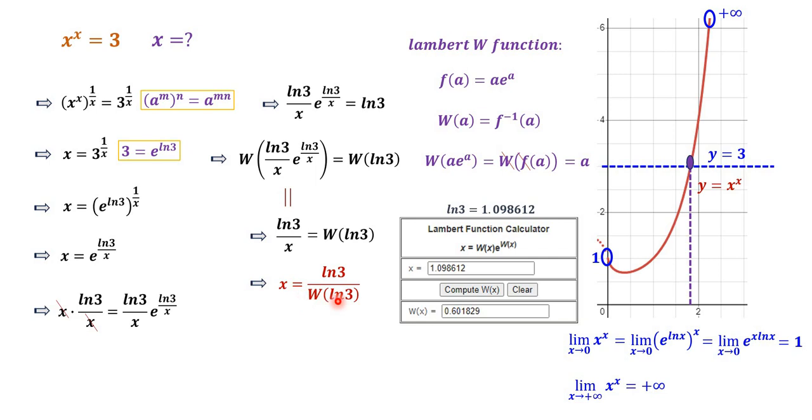So the Lambert W function of ln 3 is this value, and ln 3 is this value. So x is equal to this value over this value, and x is equal to 1.82. So here is the final answer to the question. Also, you'll see on the graph, the x value corresponding to the intersection is 1.82.